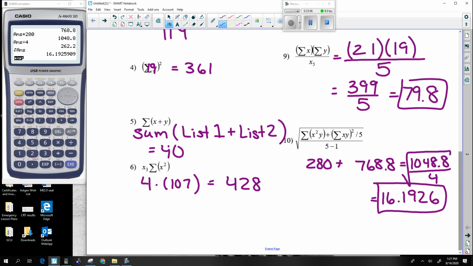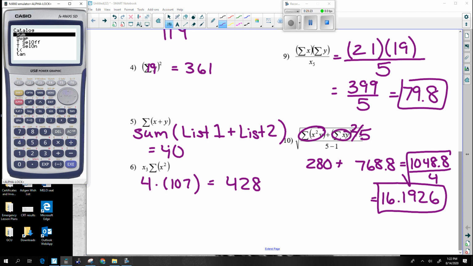Again, I'll run through number 10 real quick, since I know I was working kind of quickly. What I'm doing is finding the answer to this, squaring it, and dividing by 5. The first one is the sum of x squared y. Okay, I write that down.